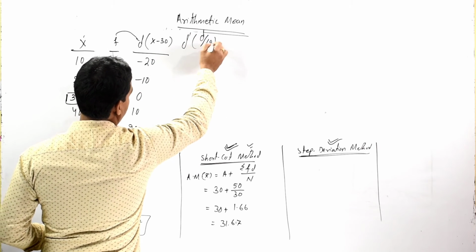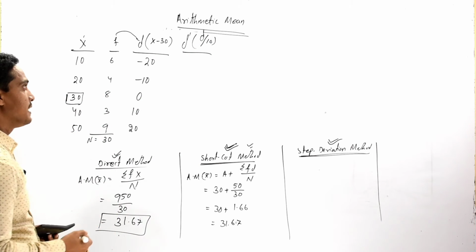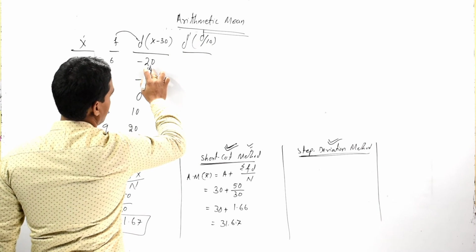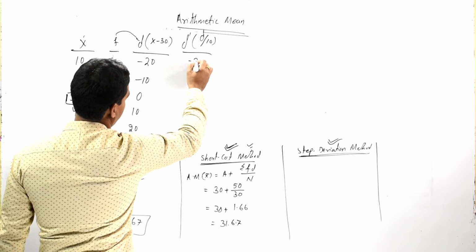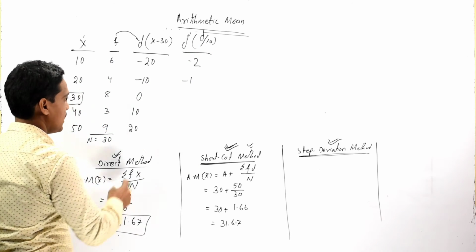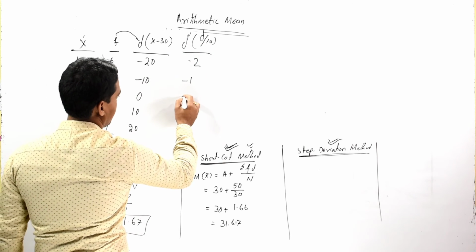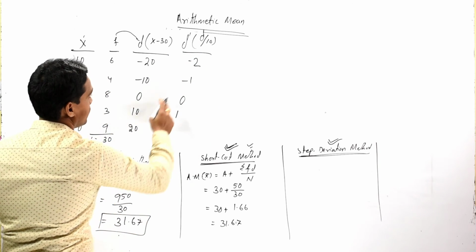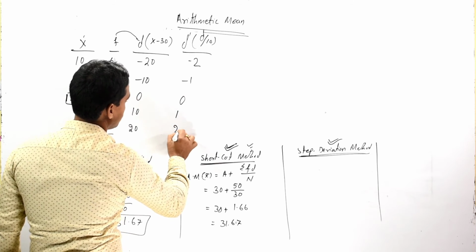Here the common factor of the given series is 10. So our d dash is d divided by 10, that is minus 20 by 10 is minus 2, minus 10 by 10 is minus 1, 0 by 10 is 0, 10 by 10 is 1, 20 by 10 is 2.